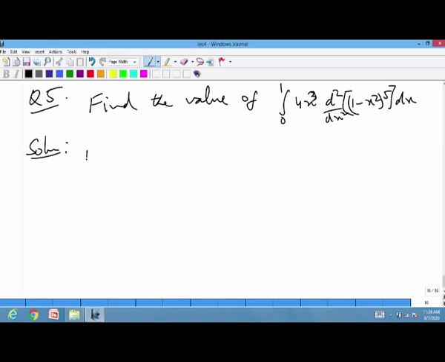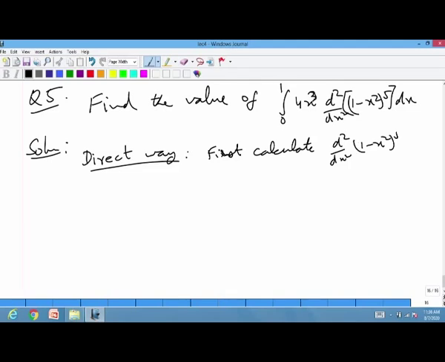So, one direct way is to first calculate this second derivative, and then integrate.